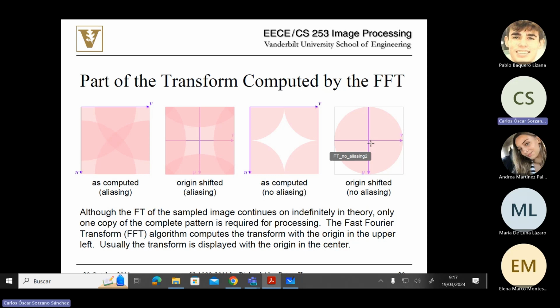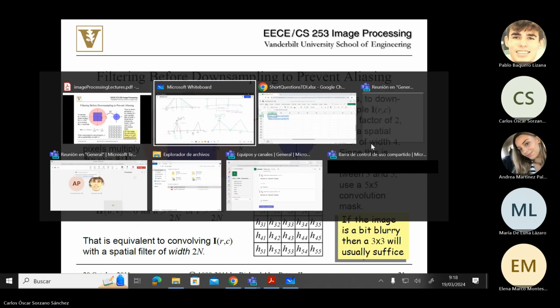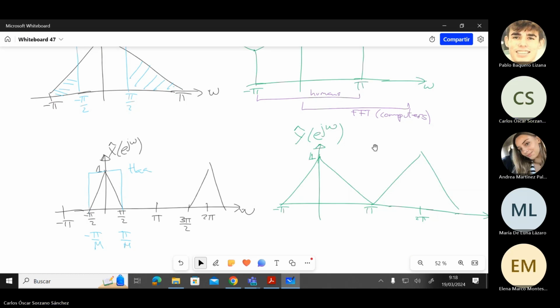Okay, so let's see how to do the anti-aliasing filter. If I'm doing a downsampling by 2, it has to crop half of the spectrum. All this half of the spectrum has to be taken away.